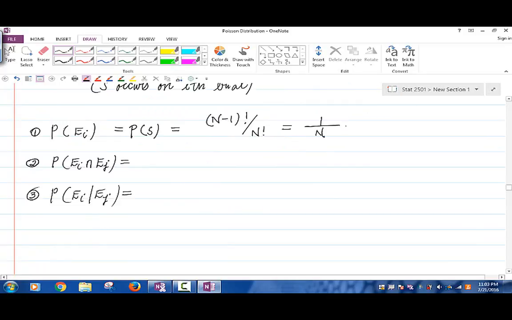Let's now look at the probability of E_i and E_j. That means, what's the probability that the ith man and the jth man receive their own hats?